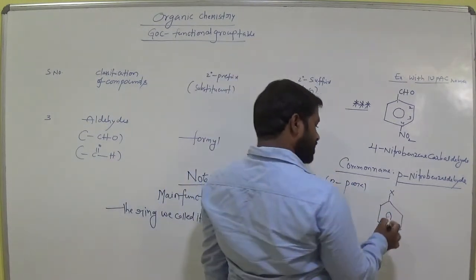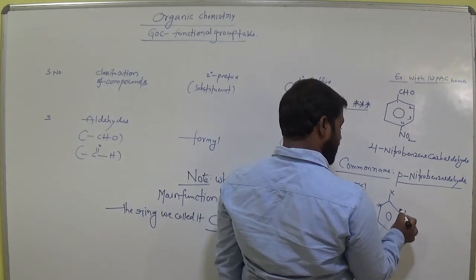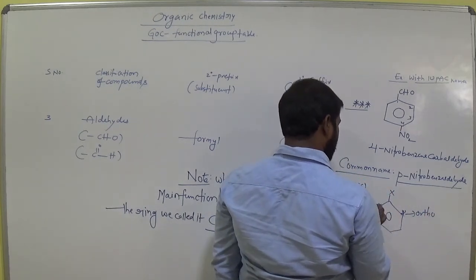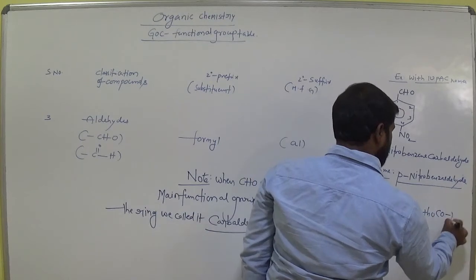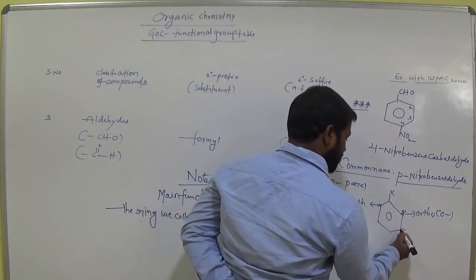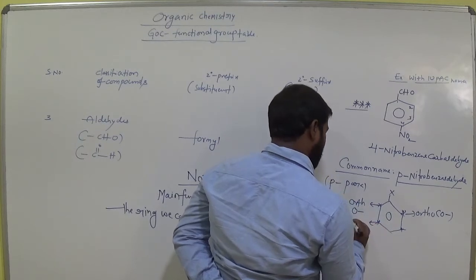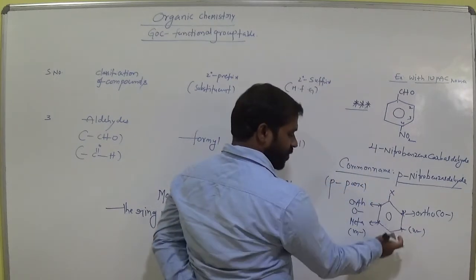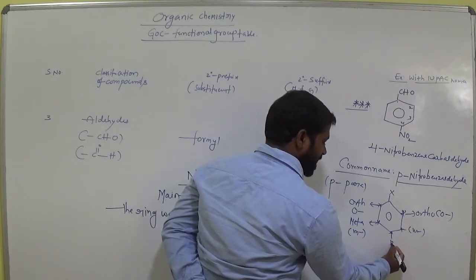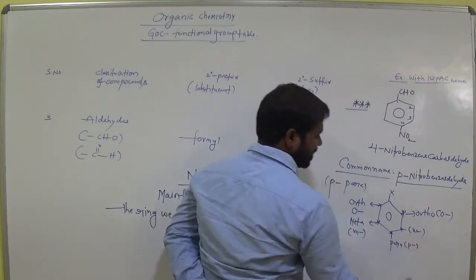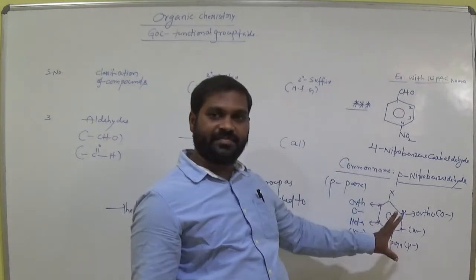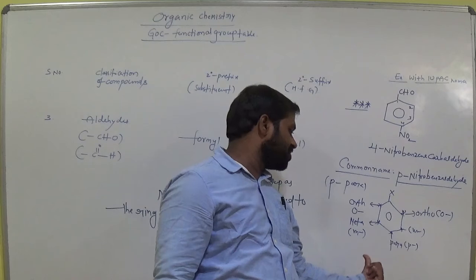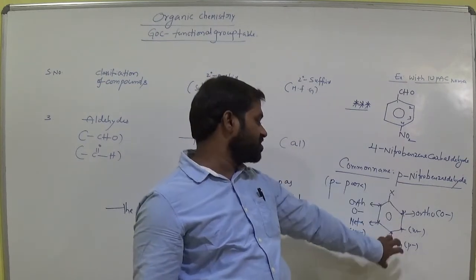These two adjacent positions are called ortho positions, and we can represent them as O. The next two positions are called meta positions, which we can write as M. The exact opposite position is called the para position.